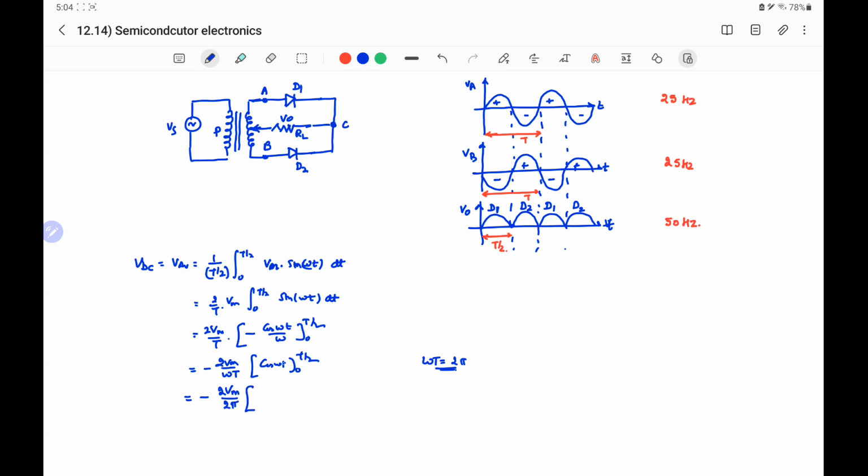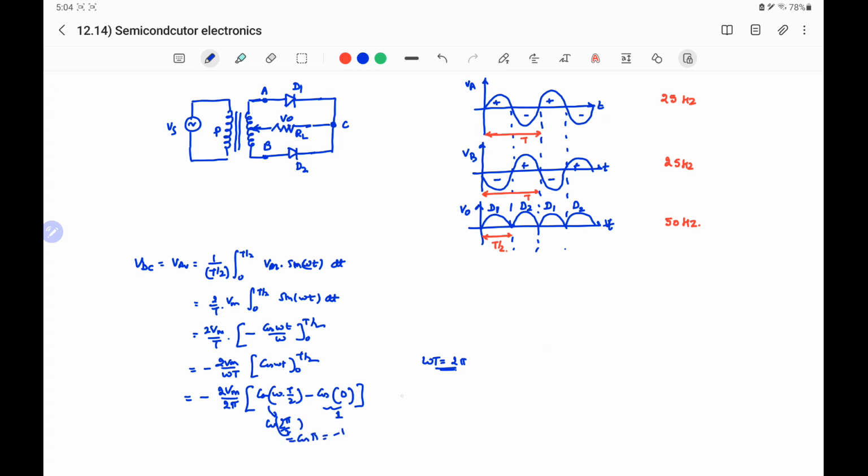And then first put upper limit, that is cos omega into T by 2 minus cos and then 0. Cos 0 is 1 and omega T is 2 pi. So this will be simply cos 2 pi by 2, that is equal to cos pi, that is equal to minus 1.